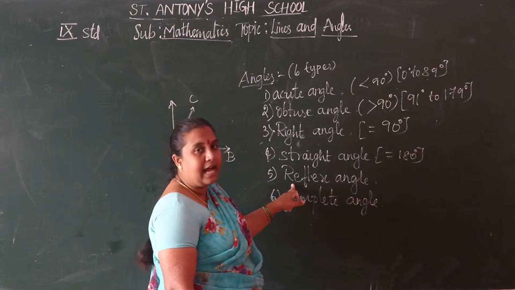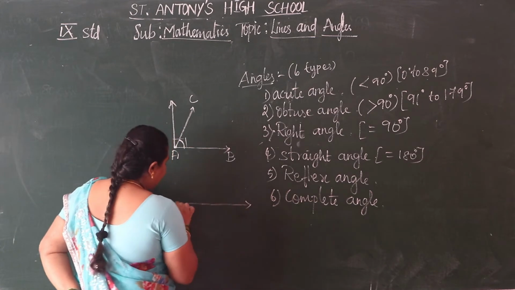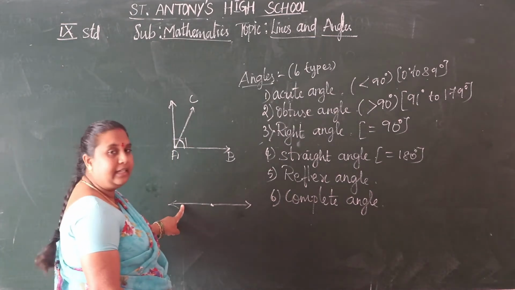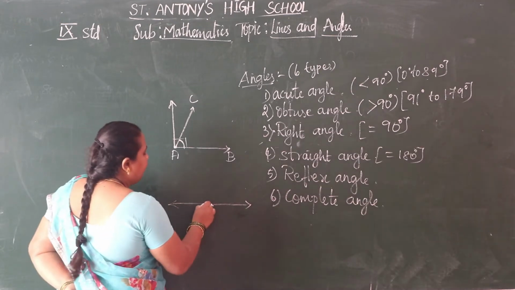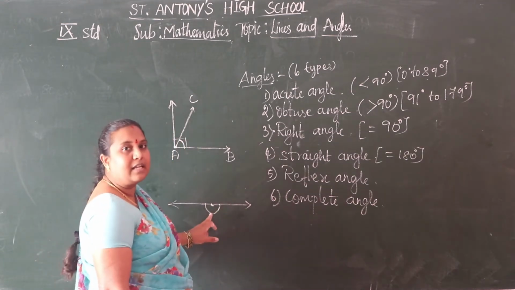Then the reflex angle. What is meant by a reflex angle? We have a straight line like this, which is 180 degrees. Here we have an angle like this, which is an acute angle, and the outer angle is what we call a reflex angle.